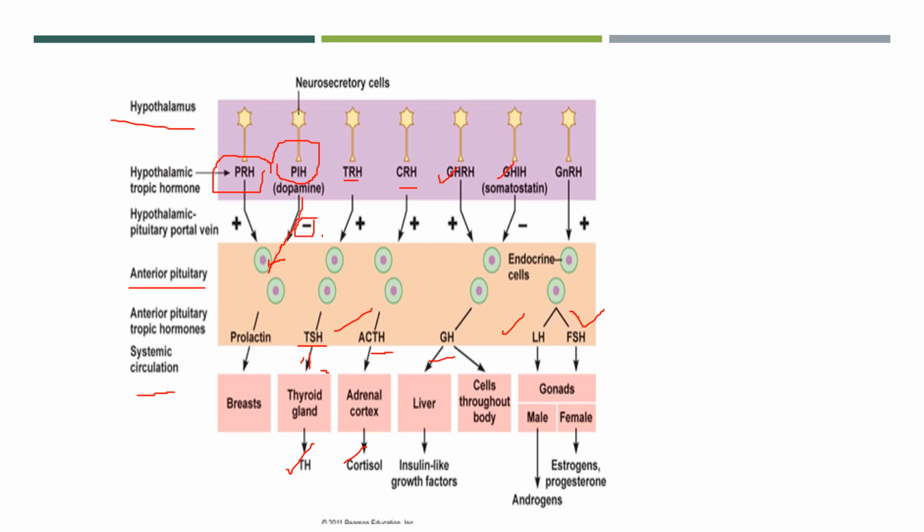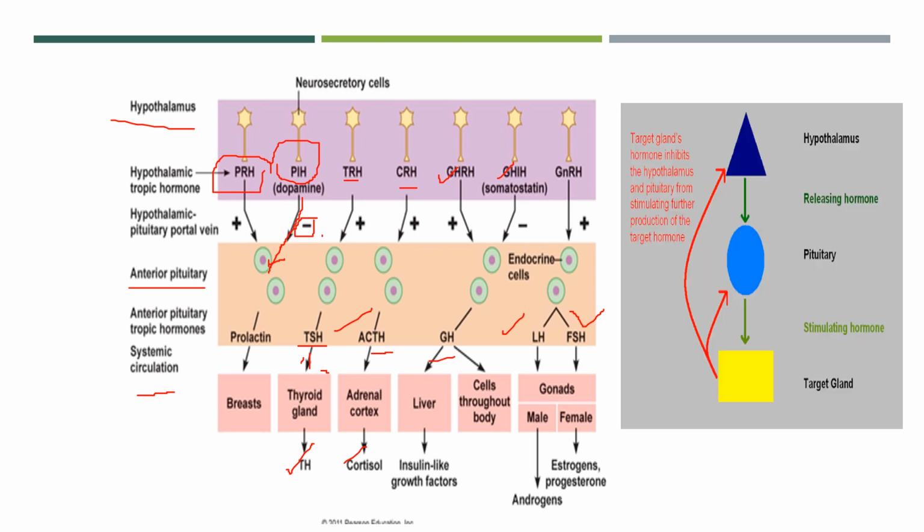So almost all releasing hormones are stimulatory. Only for prolactin, the factor that is released is the inhibitory factor, that chemically is dopamine. So this is in a nutshell the hypothalamo-pituitary and target organ axis.